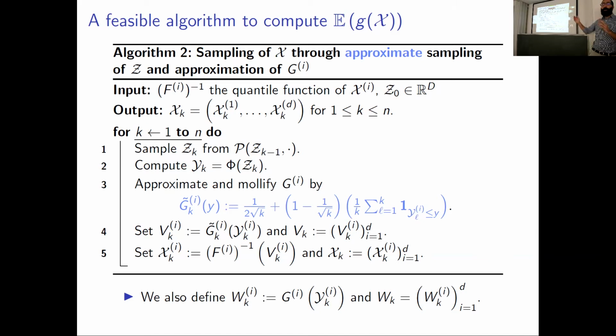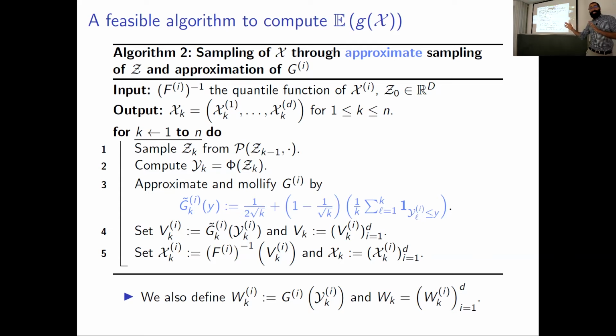And I'll define some other quantities here that you'll probably forget in 5 seconds, but let me try to make you remember. So V is kind of a U. U is the uniform that comes from the copula. But V is the kind of uniform, which is not actually uniform, that you get when you don't apply the true G. You apply the empirical G that you're getting from the Markov chain.